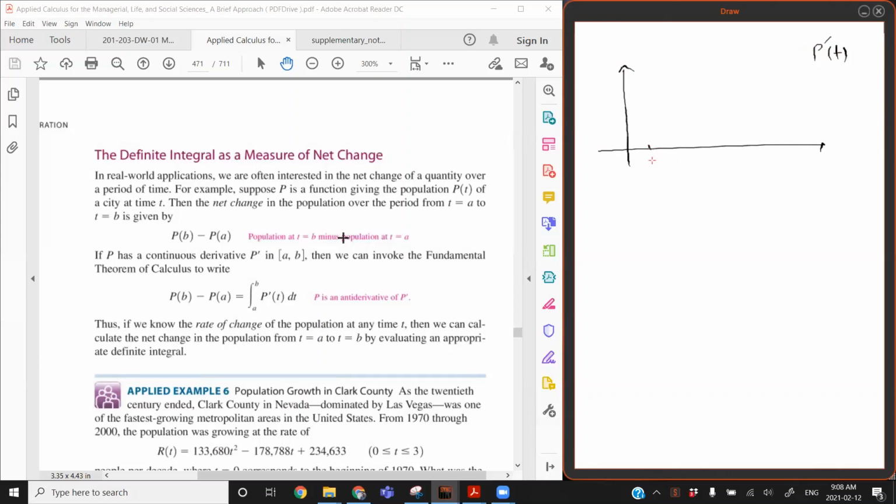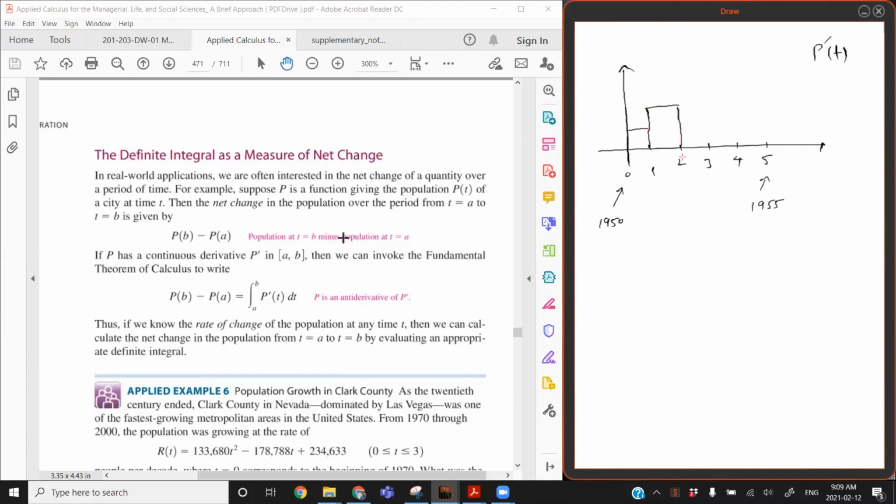For example, this is year 0, year 1, year 2, year 3, year 4, year 5. This is 1950, and this is 1955. What you have here is how much the population changed during the year 1950, and then during the year 1951.